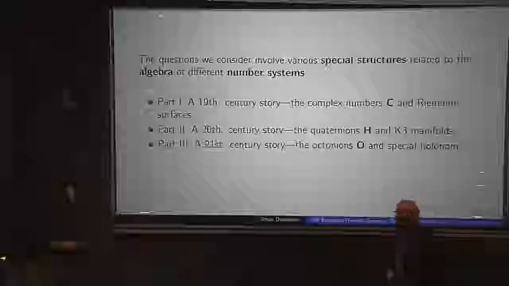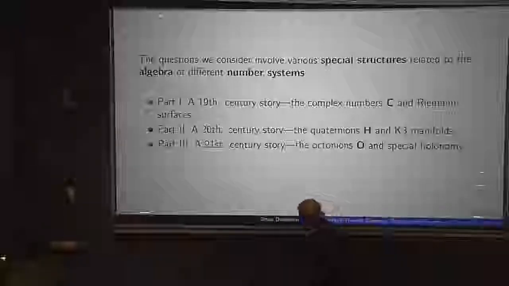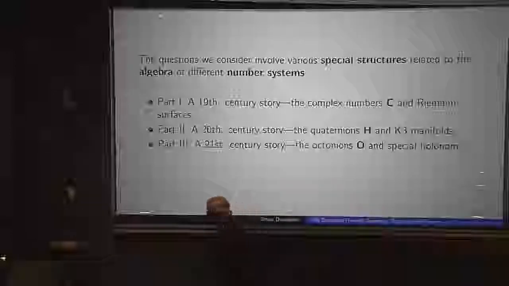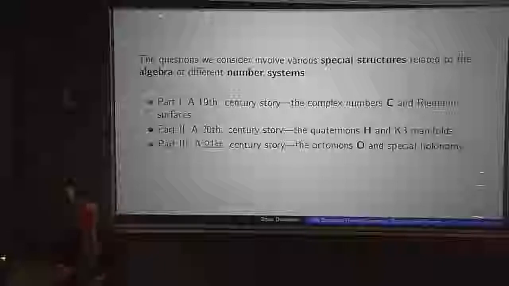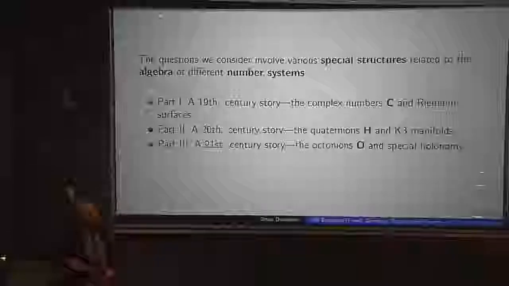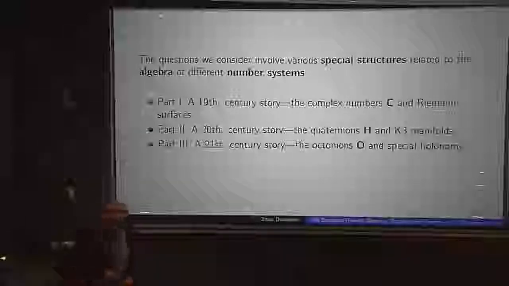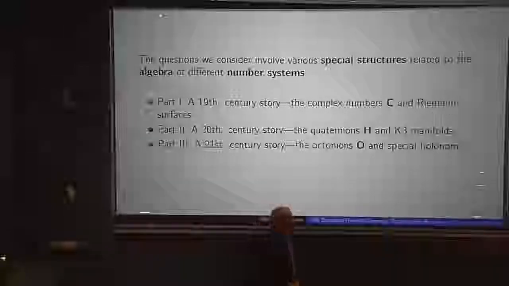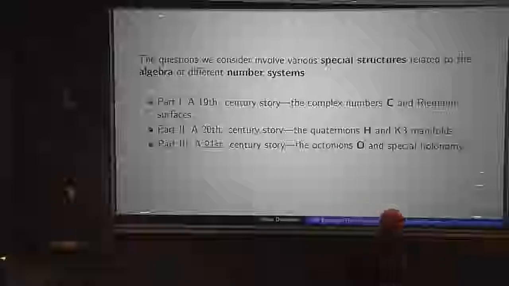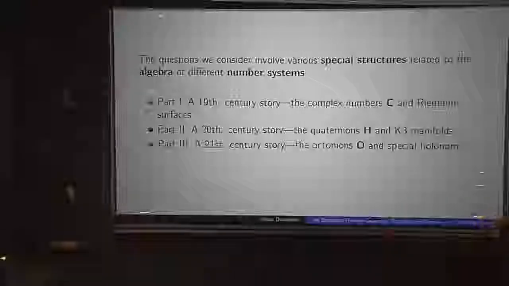And then there'll be a 20th century story, which will take up the bulk of our time, which will introduce this in terms of another less familiar number system, what's called the quaternions, and talk about the geometry of a particular class of what are called K3 manifolds.